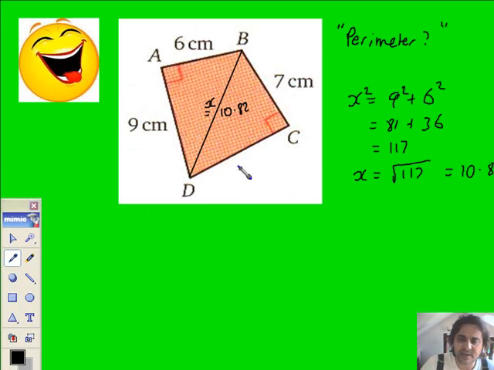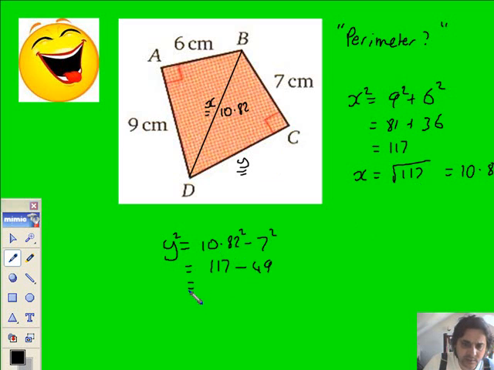Now we're going to take away that to get that. So what should we call this then? Let's just call this Y. Why not? So Y is a small side. So Y squared equals the big side squared, take away the smaller side squared. Now I know this was originally 117 before I square rooted it, so that's that, and take away 49. 117 minus 49 gives me 68.